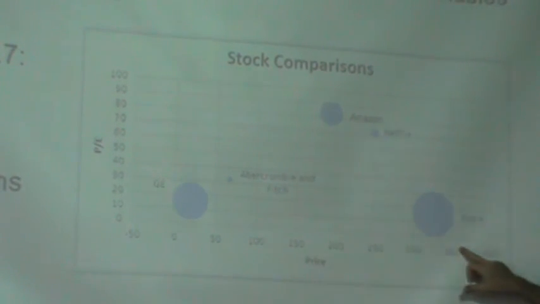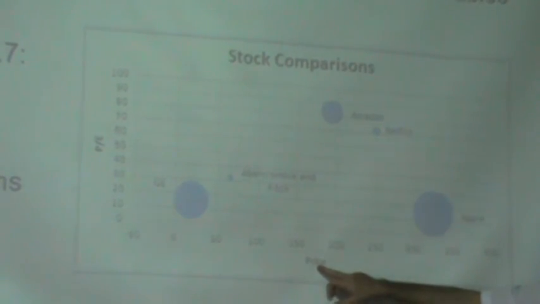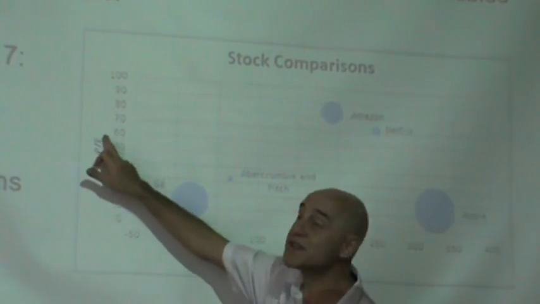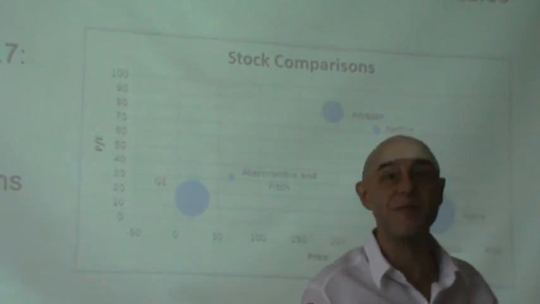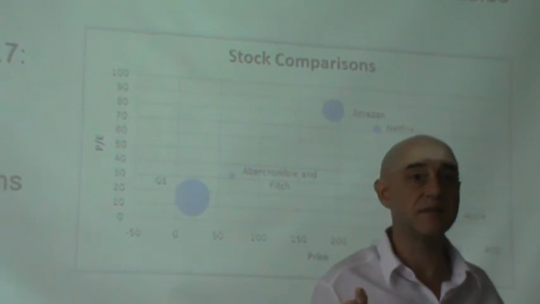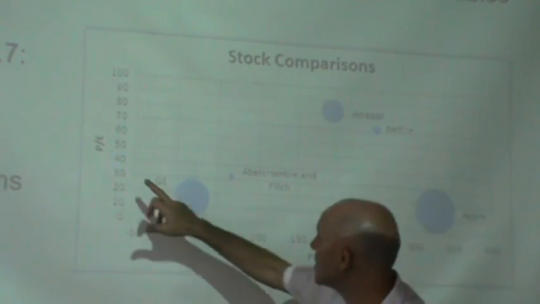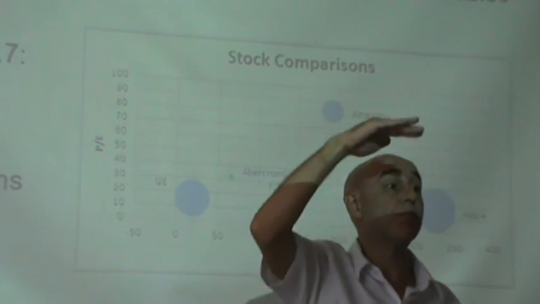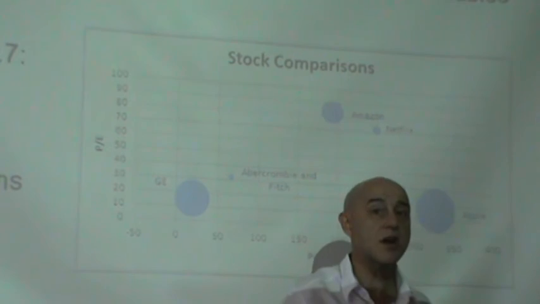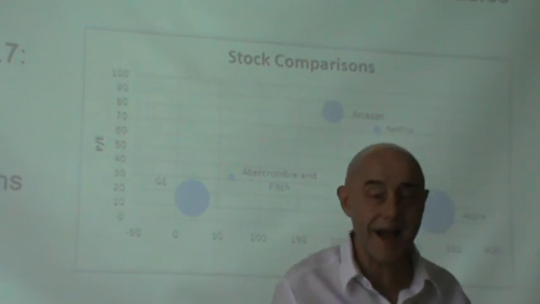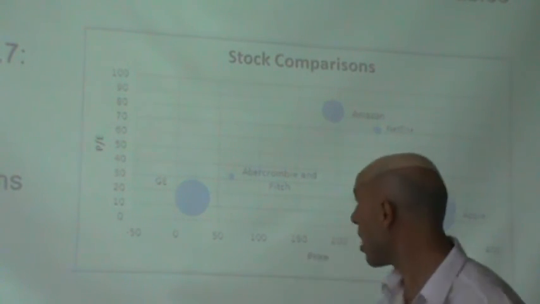Variable number 1 here, that will be, in this particular case, the price. Second one is price earnings ratio. Well, you should have studied, hopefully, a little bit of basic financial management. Price earnings ratio, it tells you the price of the stock. It tells you the profit of the stock. So it basically tells you how expensive the stock is.